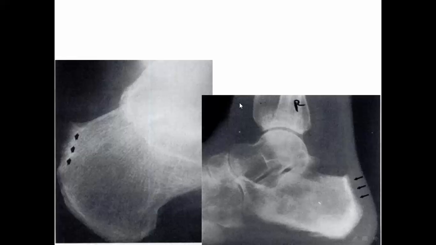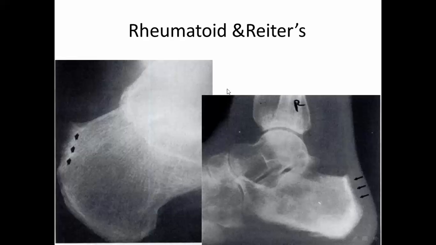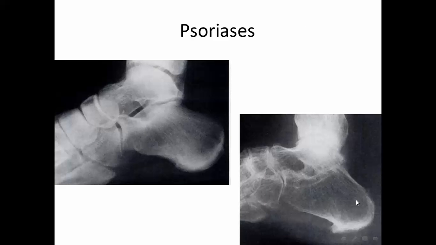This type of involvement is seen in rheumatoid arthritis and Reiter's, where it is usually posterior, while in the inferior margin it is usually psoriasis and acromegaly. This one is ankylosing spondylitis, in which all the bone spurs are prominent, even posterior and inferior.